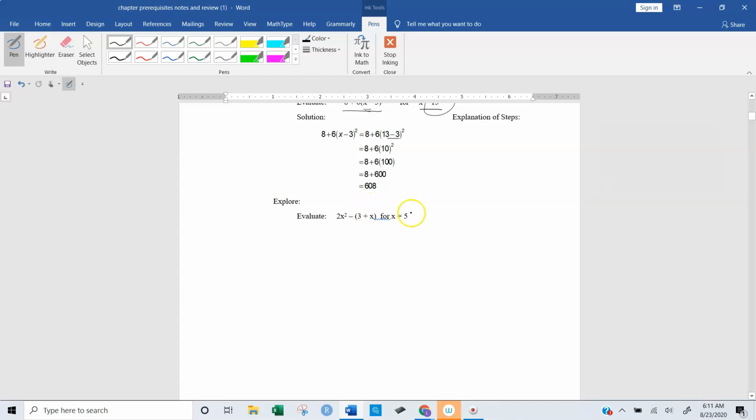You should have plugged in the 5 for the x. So you should have started off with 2 times 5 squared minus 3 plus 5. All right, now you're looking at evaluating your parentheses. Well, there's nothing to do inside this parenthesis. This one here becomes an 8.